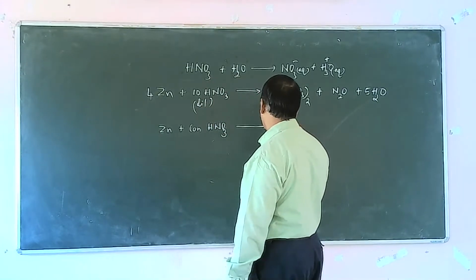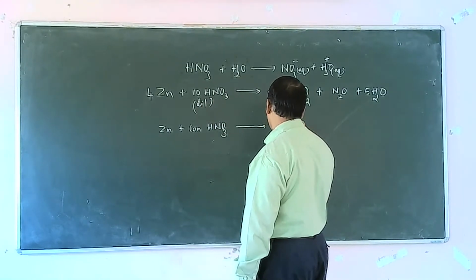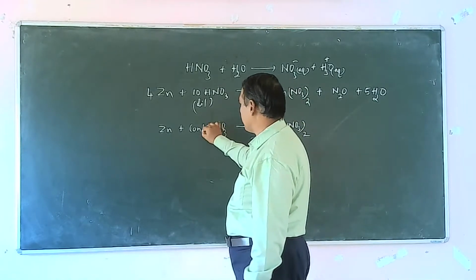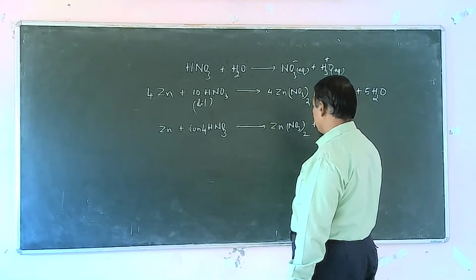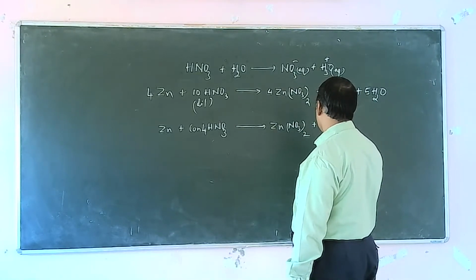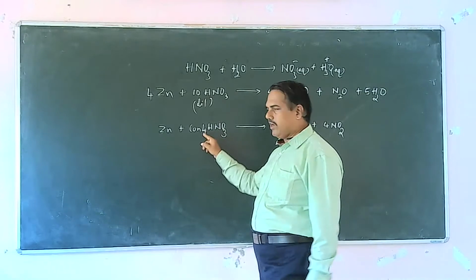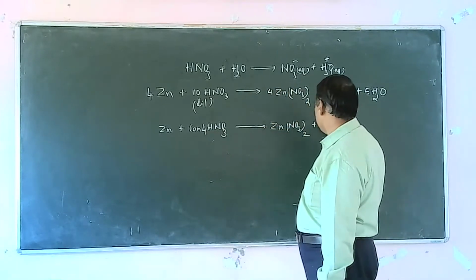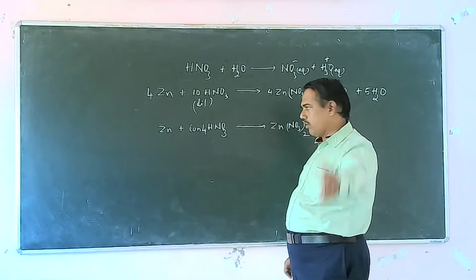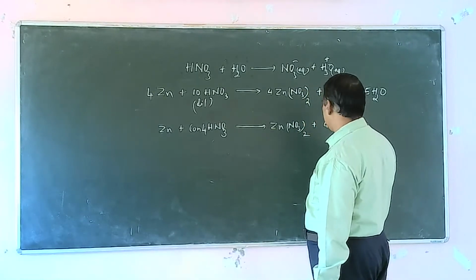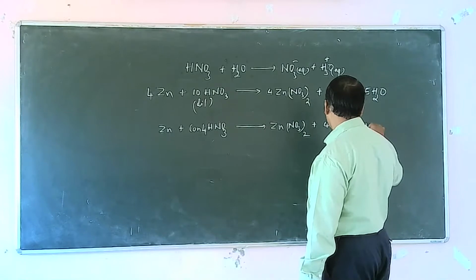So zinc reacts with dilute nitric acid, and again zinc reacts with concentrated nitric acid. You will get zinc nitrate again, and 4NO2. When it reacts with concentrated nitric acid, we will get nitrogen dioxide, the brown gas, and plus 2H2O.